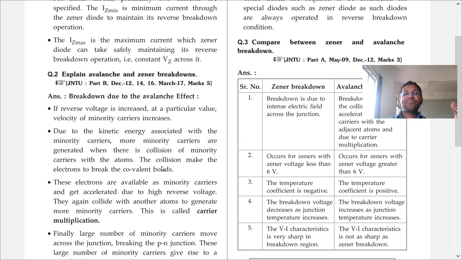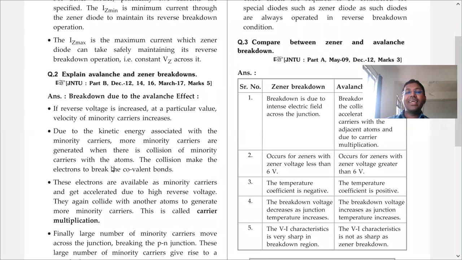So under reverse bias condition, you have the minority charge carriers flowing. When we gradually increase the reverse voltage, the minority charge carriers will start traveling at high velocity and collide with atoms.